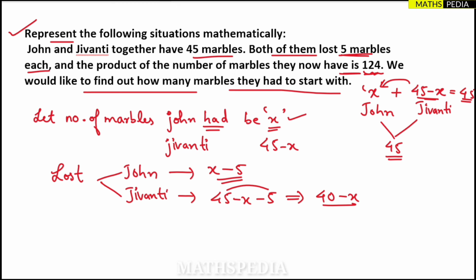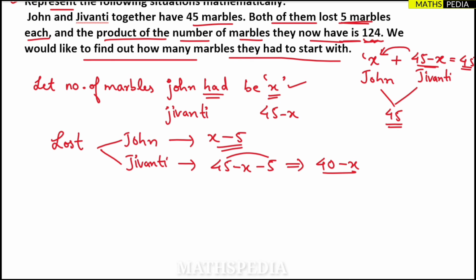Now they have mentioned one statement: the product, in the sense multiplication, of the number of marbles they have now is 124. That means the product of these two, John's marbles x minus 5 and Jivanti's 40 minus x, will be 124. So let us do that. x minus 5 into 40 minus x should be equal to 124.